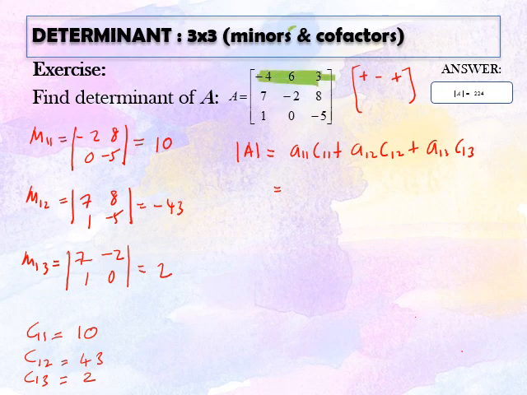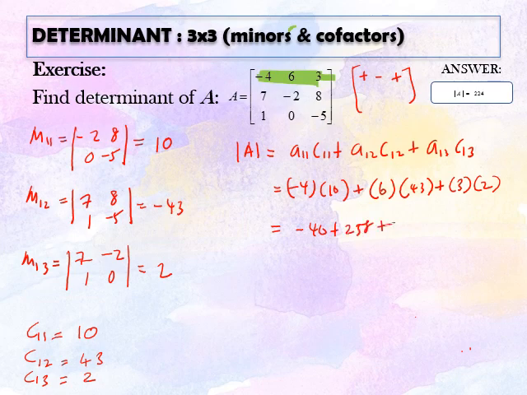The first one is A11 is -4, C11 is 10, plus A12 is 6, C12 is 43, plus A13 is 3, times C13 is 2. So the final answer that we will get is -40 plus 258 plus 6. So we will get 224. That's it.